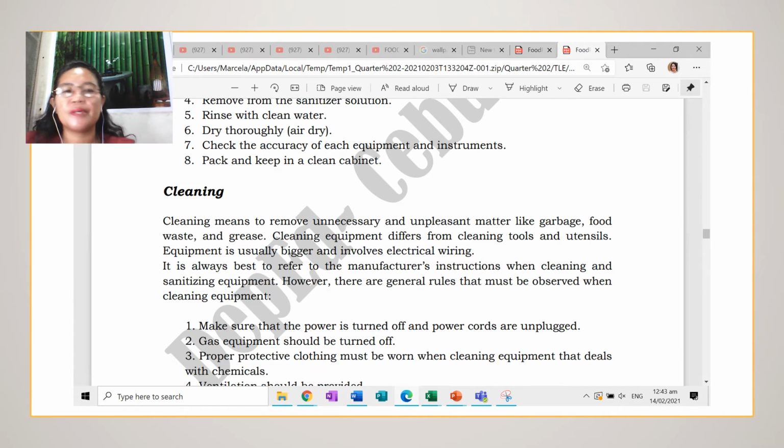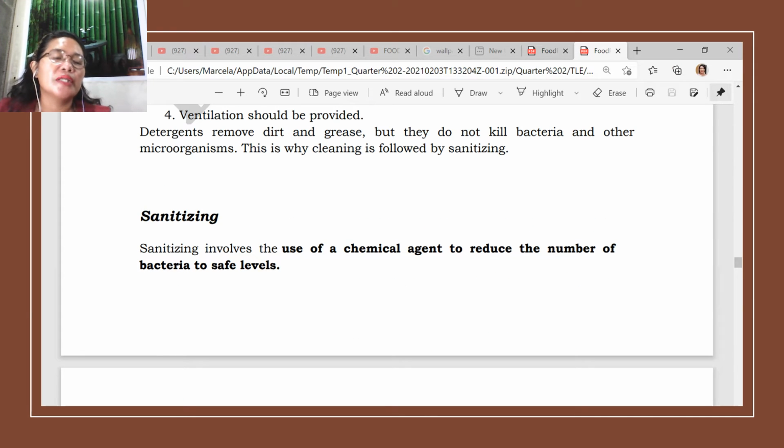Okay, PPE. Next, number 4, ventilation should be provided. Detergents remove dirt and grease, but they do not kill bacteria and other microorganisms. This is why cleaning is followed by sanitizing.